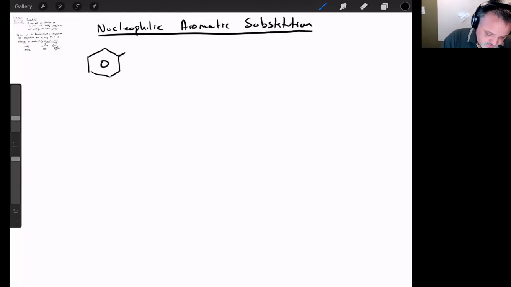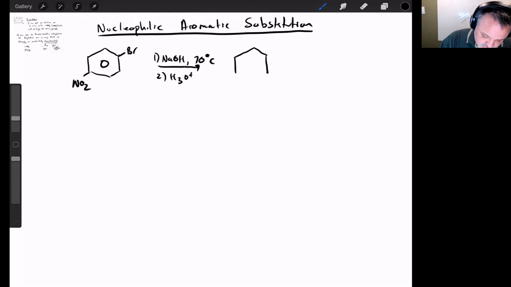So if I have a bromine and a nitro group, then I can react it with some sodium hydroxide, heat it up a little bit, and then react it with some acid. I can replace, in other words, substitute the bromine group for an OH group.